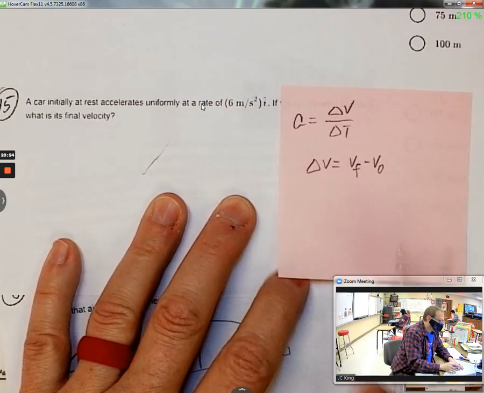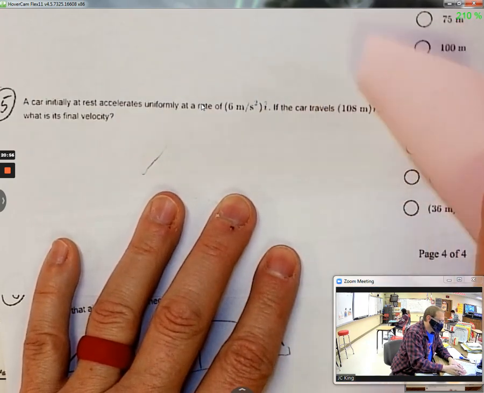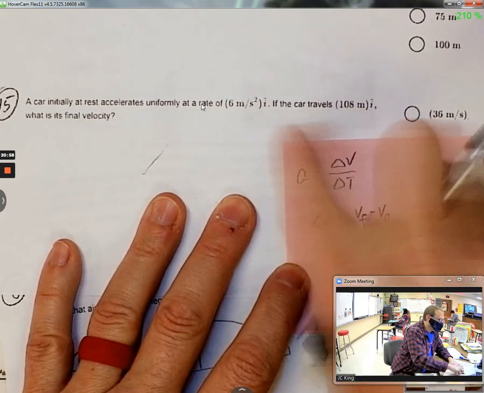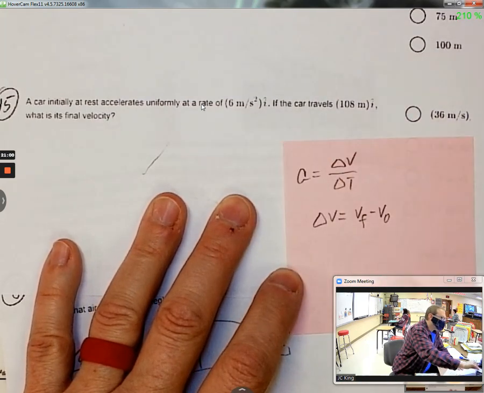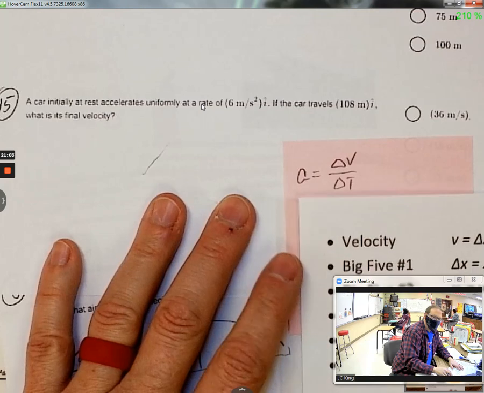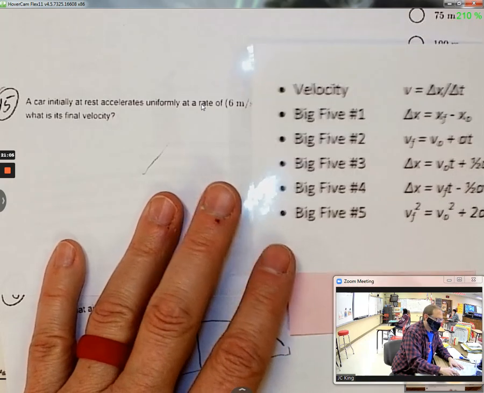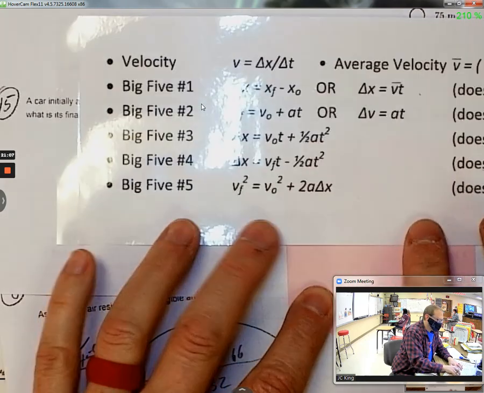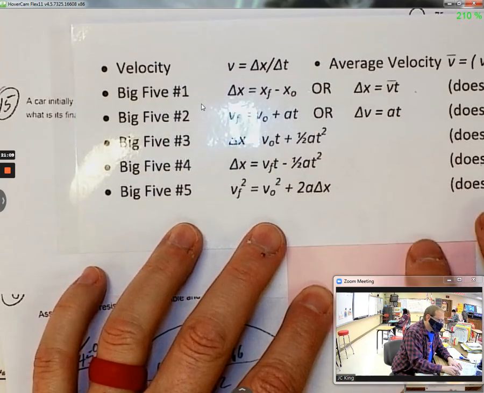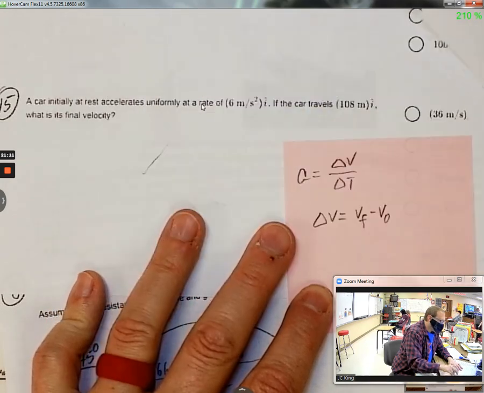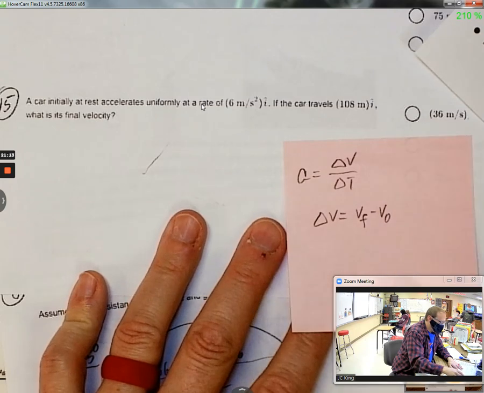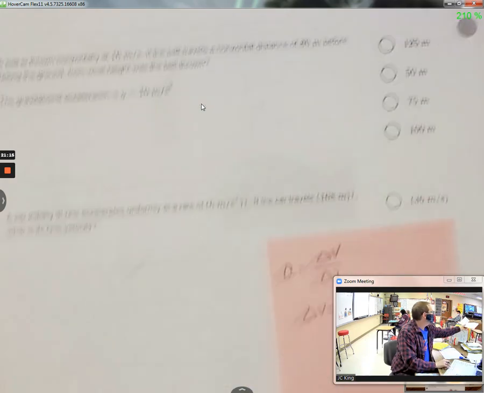So if you've got a car initially at rest accelerating uniformly at a given rate, the car travels that many meters, what's its final velocity? Now, you can still use the Big 5 for this, because acceleration's constant. Wait, can I see that thing again?